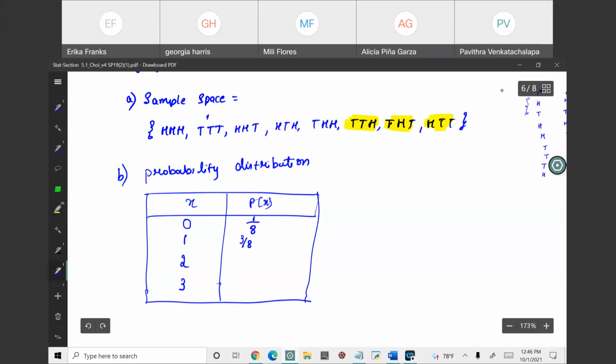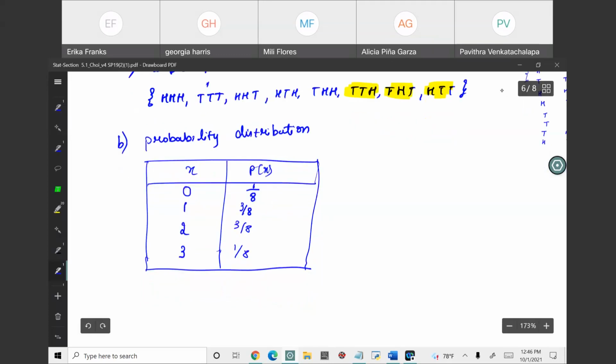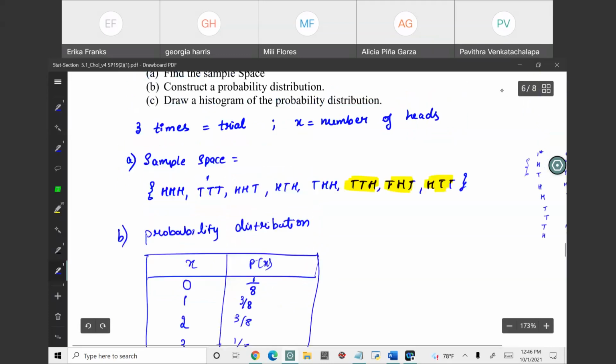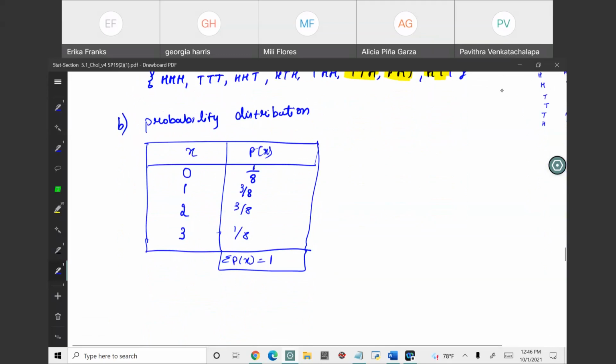Now, what are the values for the probability of 2 heads and 3 heads? Yes, 3 by 8 and 1 by 8. If you add all this, you will get 1. The summation of P of x will definitely be equal to 1. This is how you construct the probability distribution.